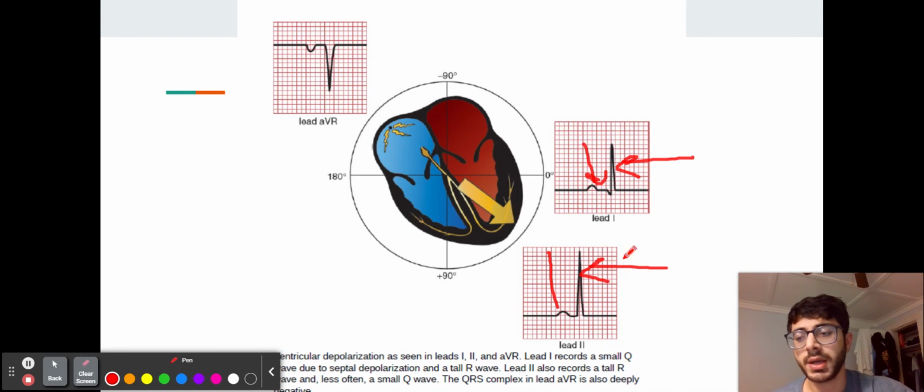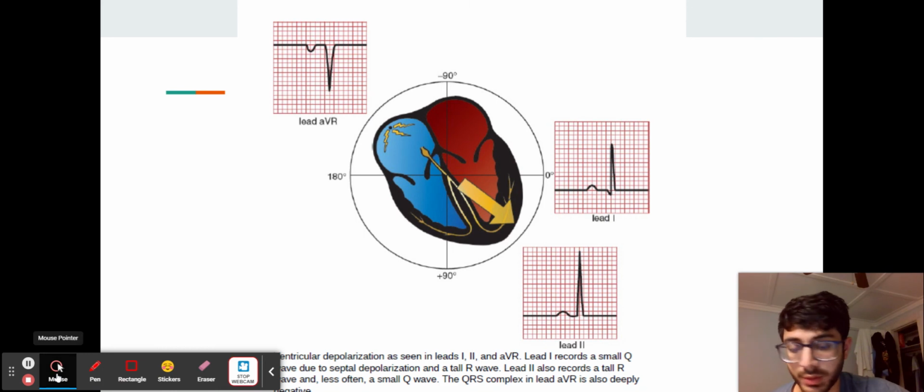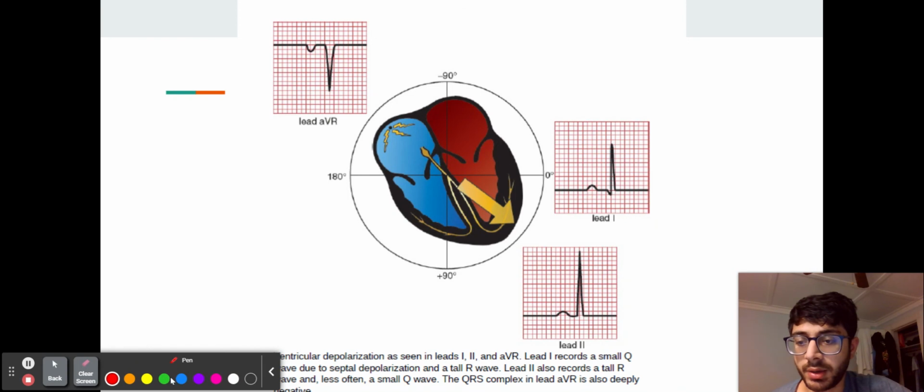That's what we expect. Now, the reason this slide is up here is we're going to talk a little bit about the Q wave. Remember, in the previous slide, we said the septal fascicle kind of comes off on the side.